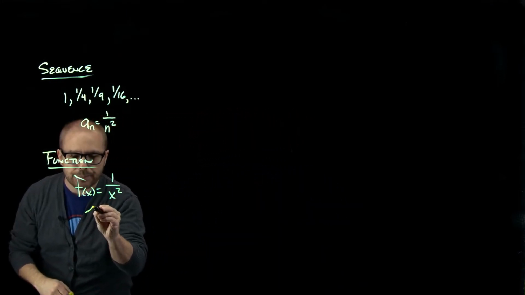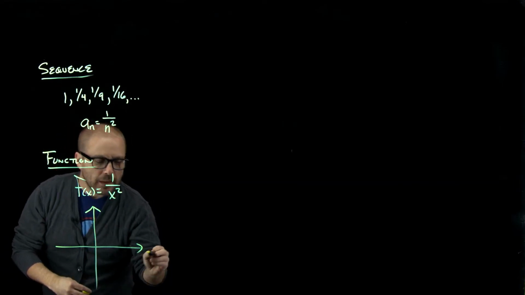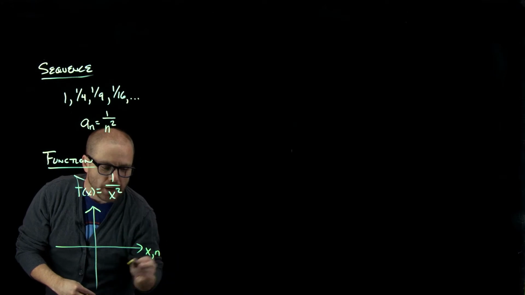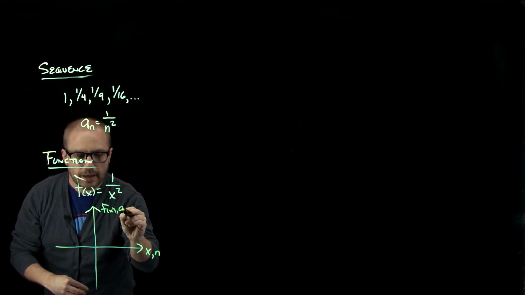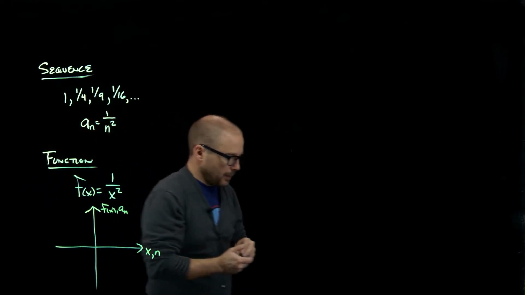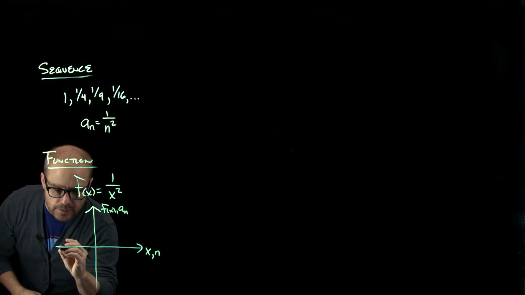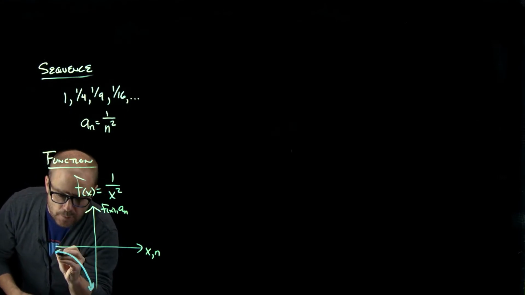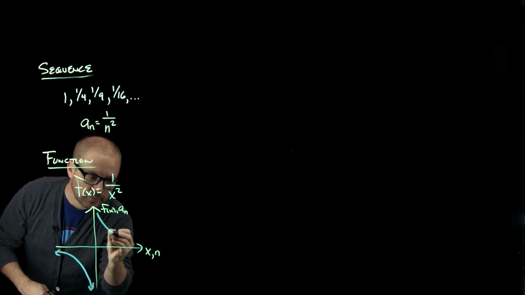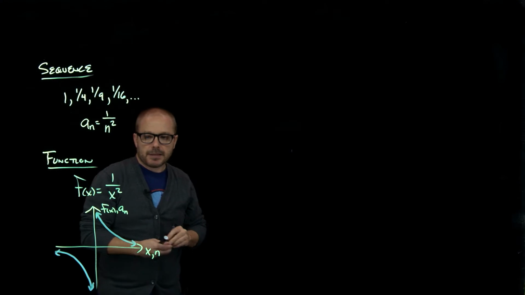If we were to graph them, this axis will represent x or n, and this axis f of x or a sub n. The function is continuous, right? It's a continuum of points. Looks something like that.